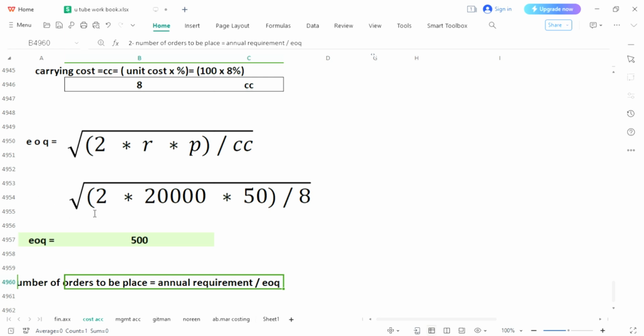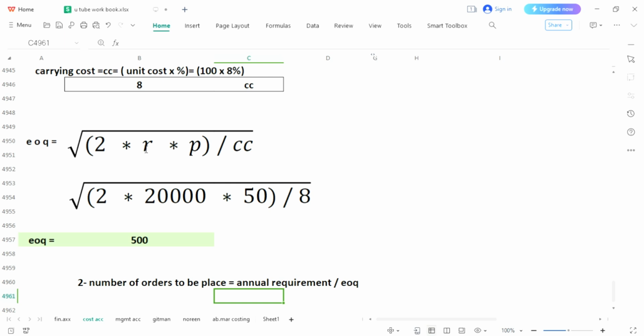For number of orders to be placed, we need the annual requirement, and beside the annual requirement we must have the economic order quantity, and both would be used to calculate your number of orders to be placed.